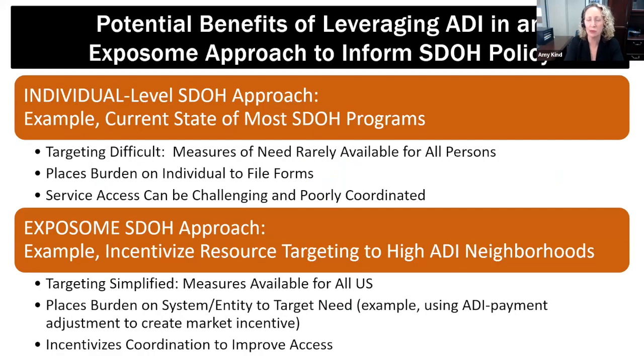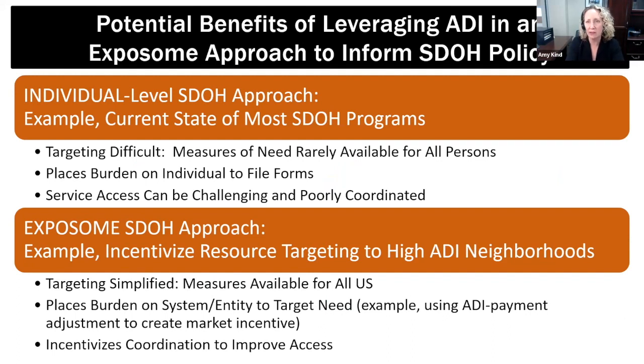And so this becomes very interesting when you think about these exposomal metrics, because from a policy level, they open the door to changing market forces. Traditional policy is at the individual level, and this is what probably most of you have seen, where an individual may qualify for a certain program and then has to fill out a bunch of different forms in order to get the food they need, or to get housing, or to qualify for Medicaid, for instance.